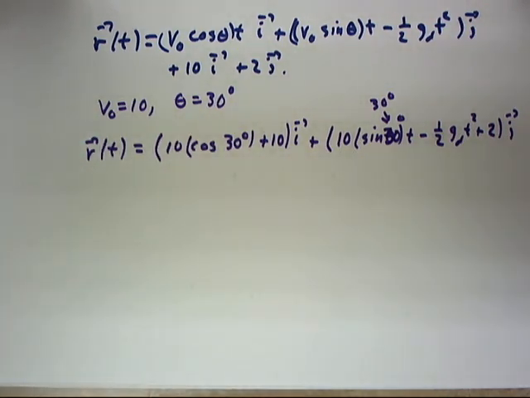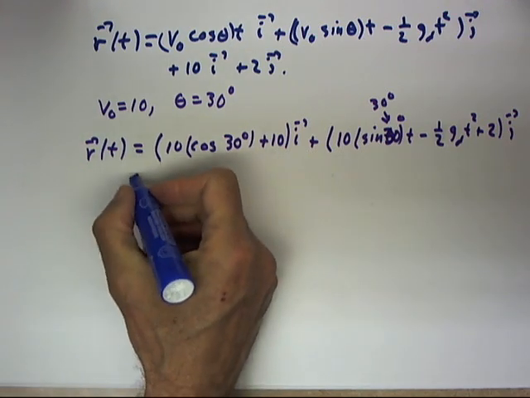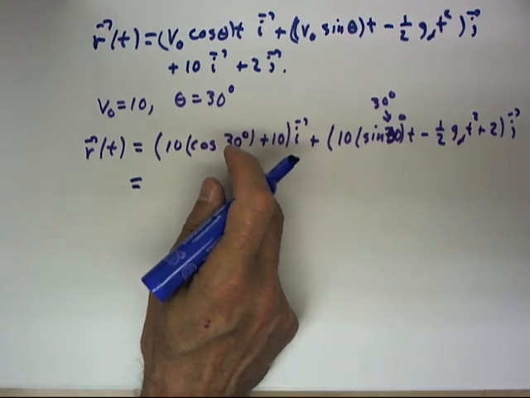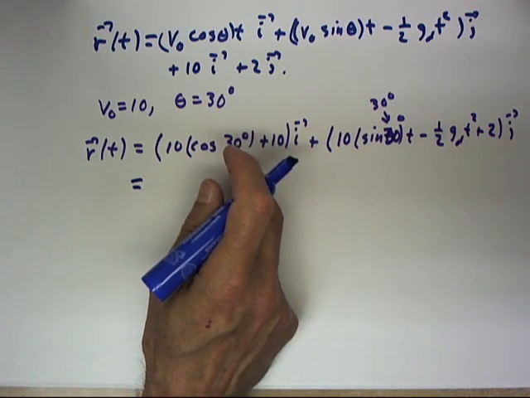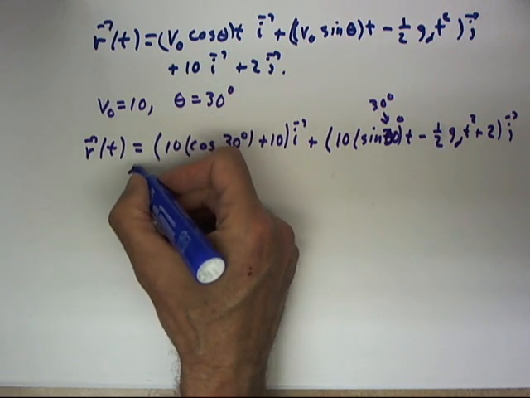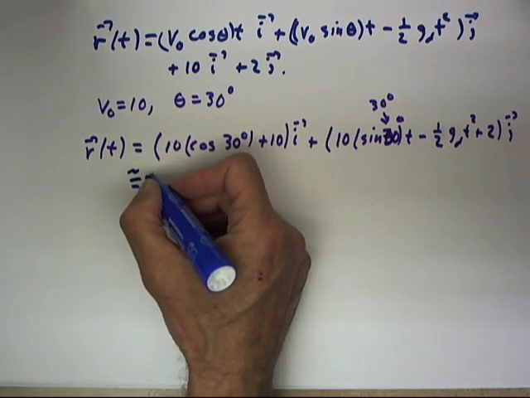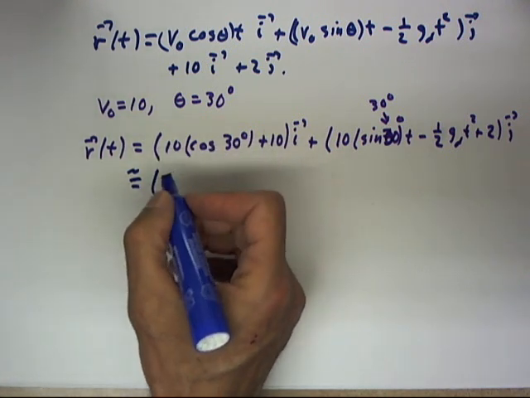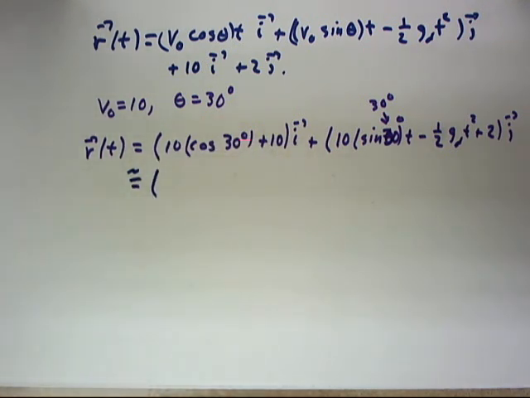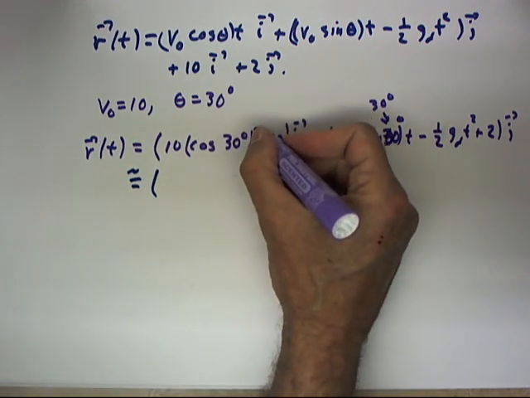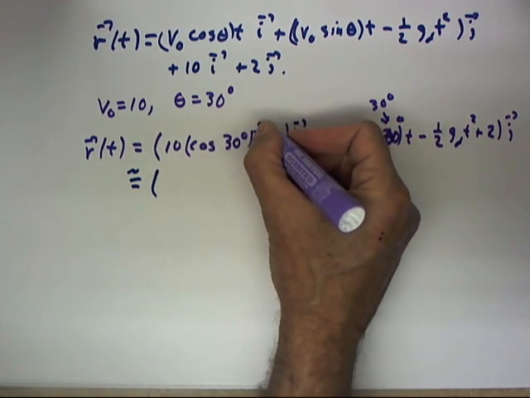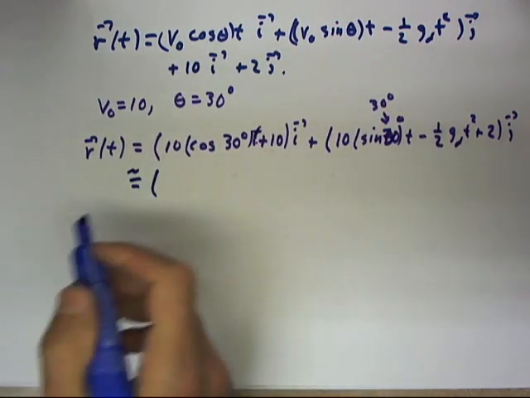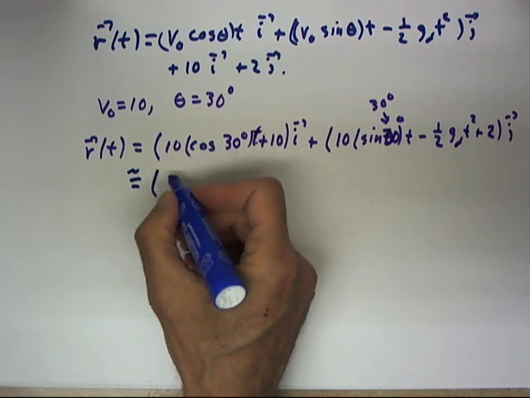Now if we want to, the cosine of 30 degrees is square root of 3 divided by 2. That's approximately 8.7, and I'm going to use the approximation since nothing we did with the actual projectile was perfect. There's no point in making these numbers perfect, except I do want to go ahead and insert my t here. Okay, so I have 10 cosine of 30 degrees.